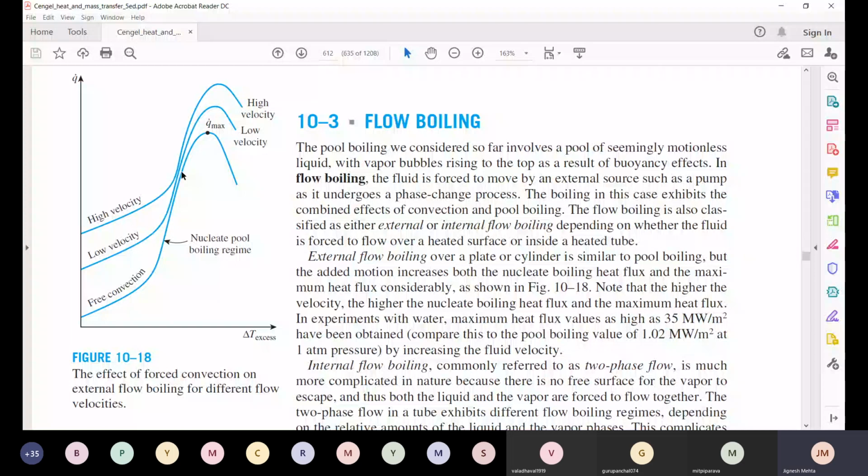So higher velocities will always help you get higher heat transfer coefficients in flow boiling as compared to pool boiling. As mentioned here, heat fluxes as high as 35 megawatt per meter square have been achieved.